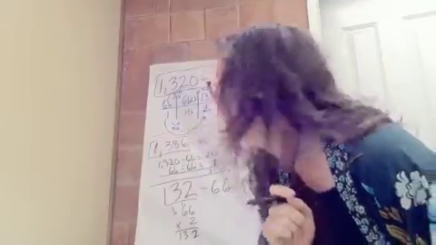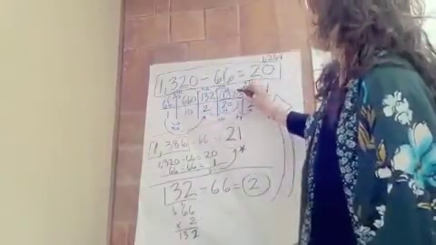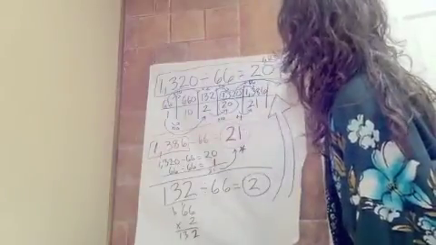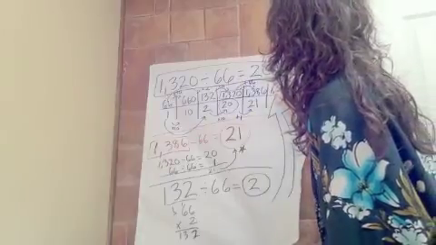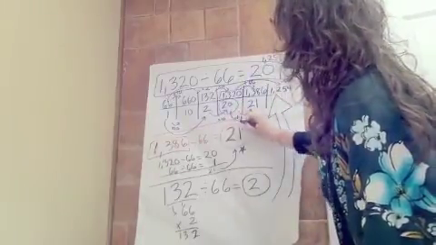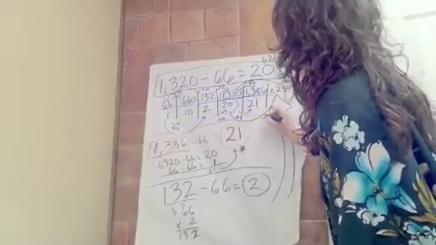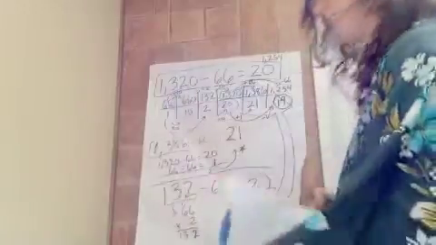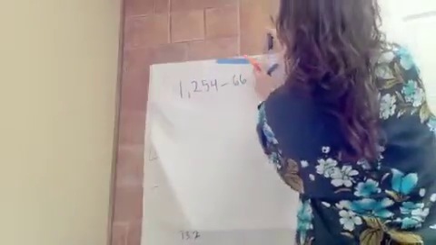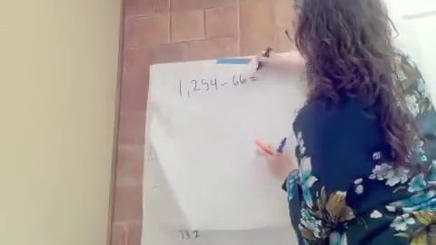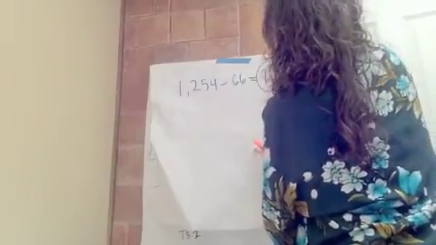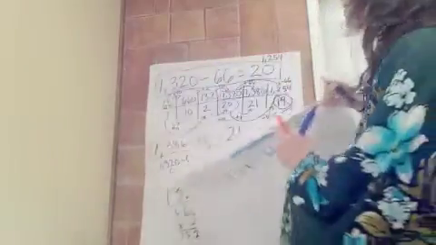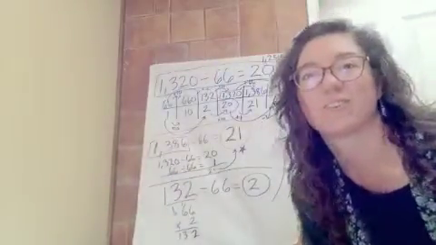Come back. Yes, we just take away one group of 66. Minus 66 is 1,254. So we start at 20, we go up here. 20 minus 1 is 19. Therefore, we can say we know the answer to 1,254 divided by 66 is 19. All using our handy dandy, very messy ratio tables.